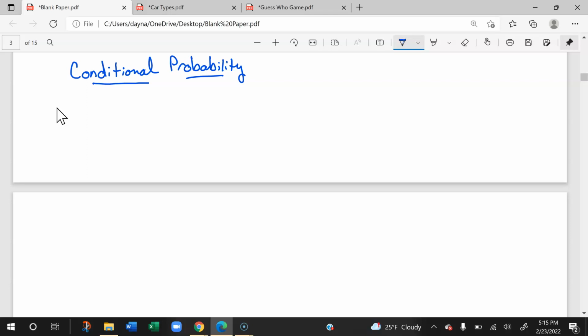I'm going to go ahead and give you the formula, and the formula is going to look really strange and probably not going to make a lot of sense at first, but let's look at it. It says that the probability of event B, so whatever we want, given this line right here, means given event A has happened.